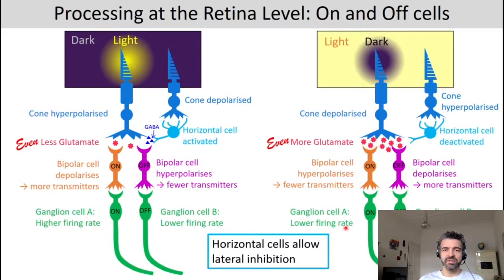This ganglion cell would have an even lower firing rate, and this ganglion cell an even higher firing rate. So by presenting one cone in the light and the neighboring cone in the darkness, we have the maximum firing rate here, and here we would have the maximum firing rate if this cone is presented in the darkness and the neighboring cone in the light.